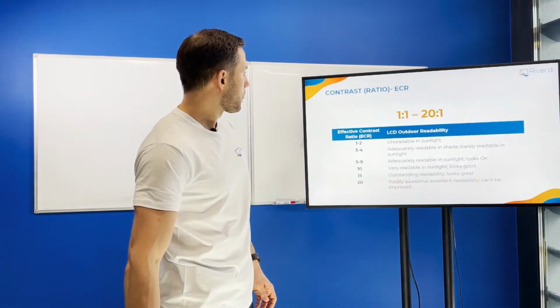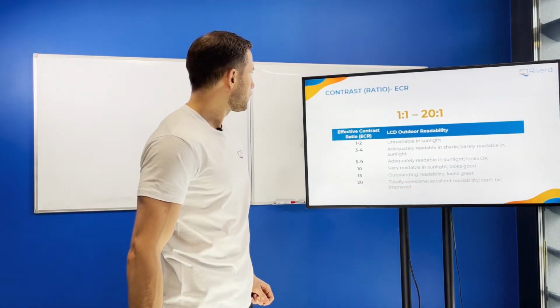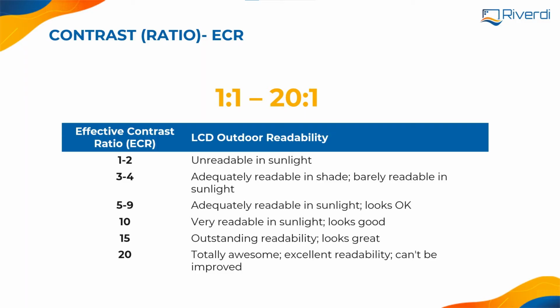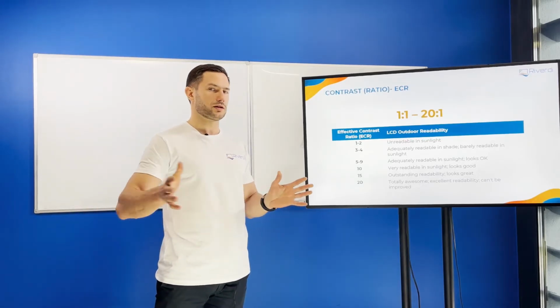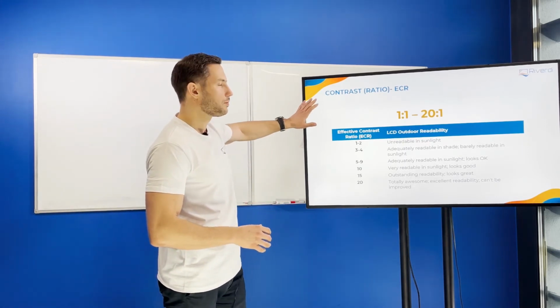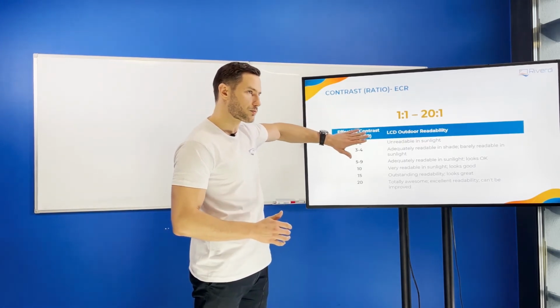So going more into the details, we talk about the real contrast, we call it effective contrast ratio. In our datasheet we will have a CR, that is a contrast ratio. It's a perfect condition factory value. That means we measure it in a dark room without any reflections, and we just measure the white part of the screen and the dark part of the screen.